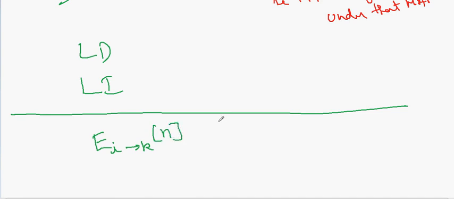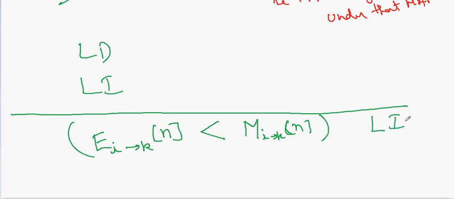If it is less than the actual load at n, then the actual load is more, so it's load increased tendency. And the opposite: if we expected more and the actual load is less, then it is load decreased tendency.